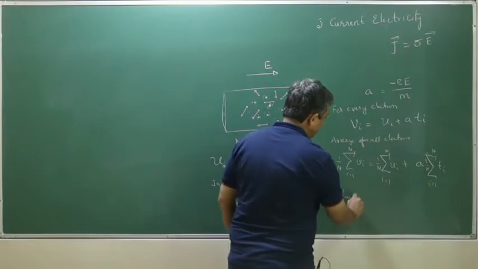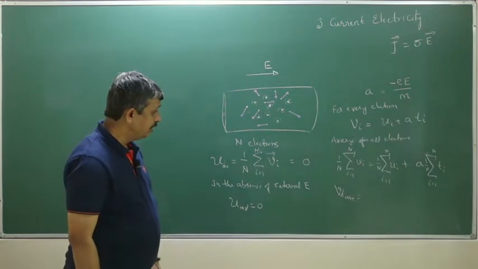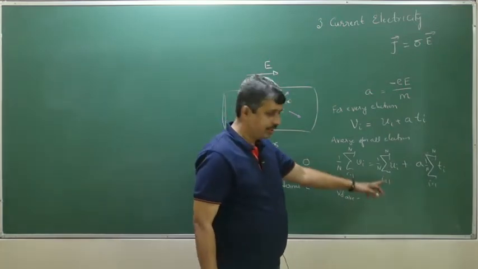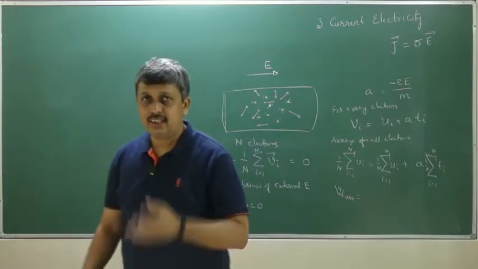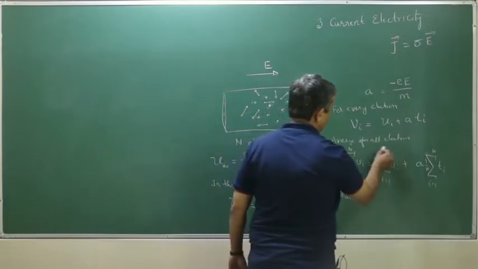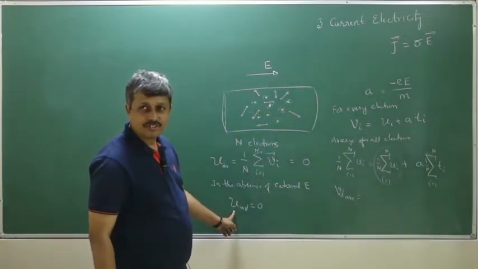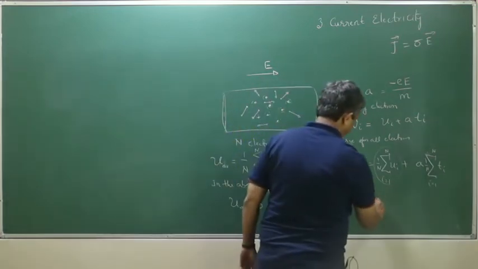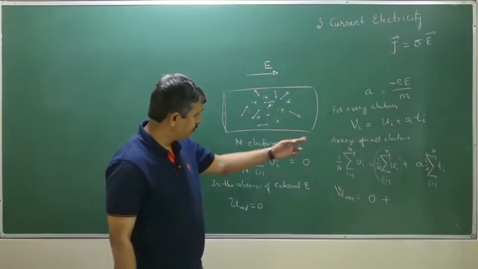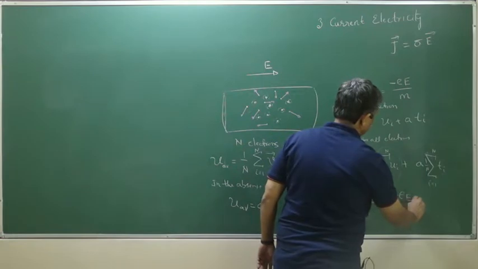And this one is the drift velocity before you applied E. We said this U average is actually 0. Plus a, which we have calculated, is minus e into E by m.